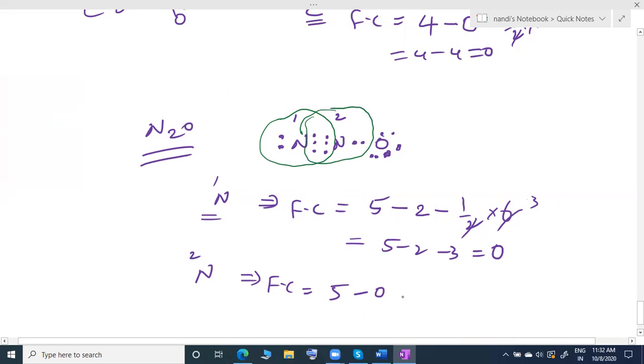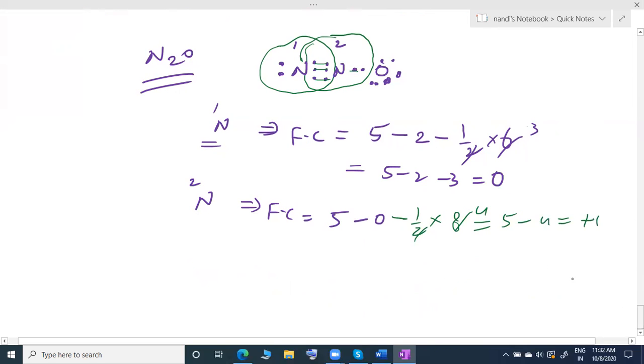Half into, this is 6 because of 3 bonds. You can write the bonding structure like this, 3, okay? Plus this is another bond. So total 8. Got it? 8. How much will you get? 5 minus 4 times 4, you will get 1. That is plus 1. So the charge is plus 1.